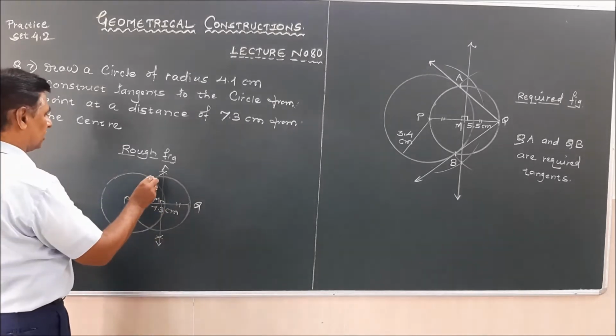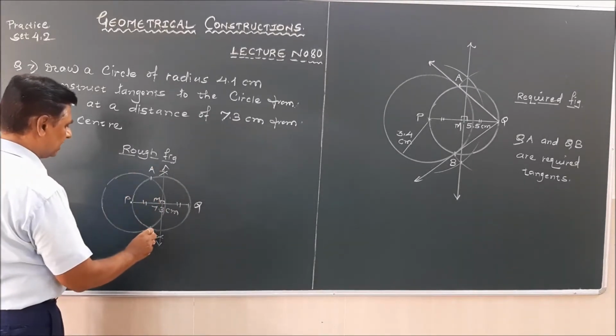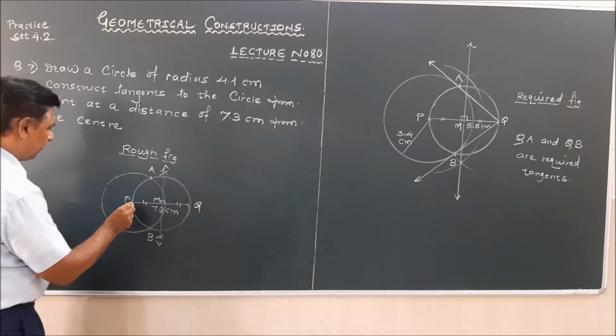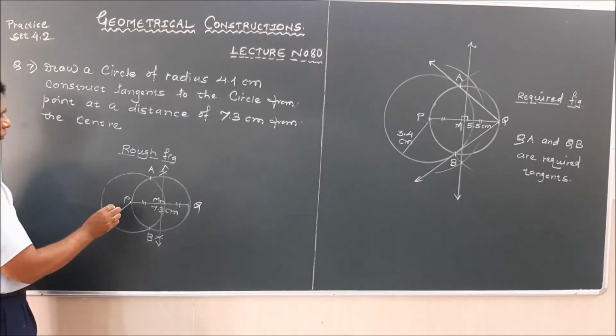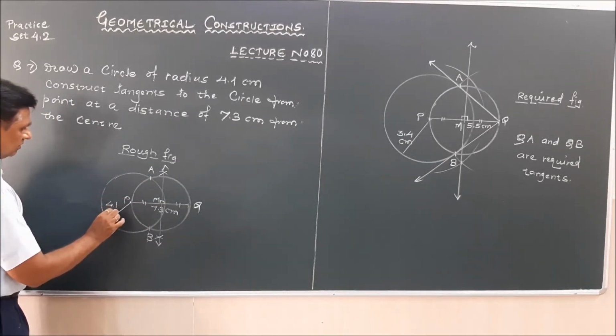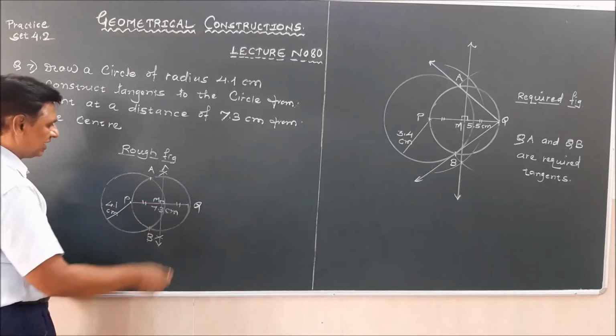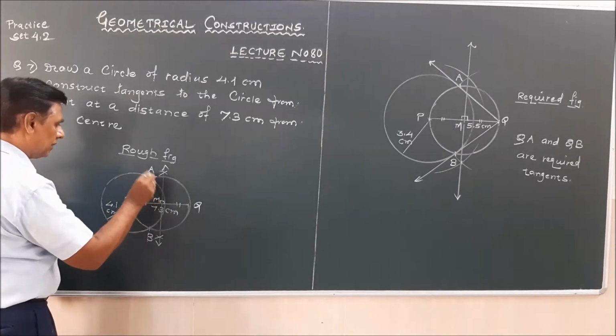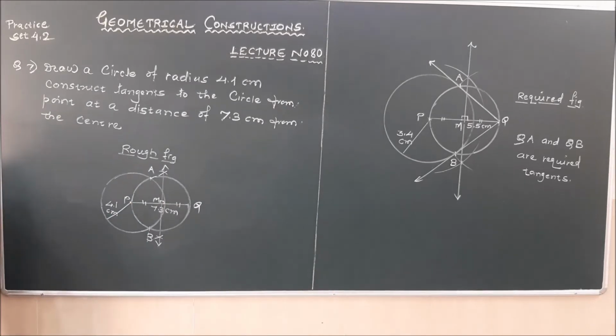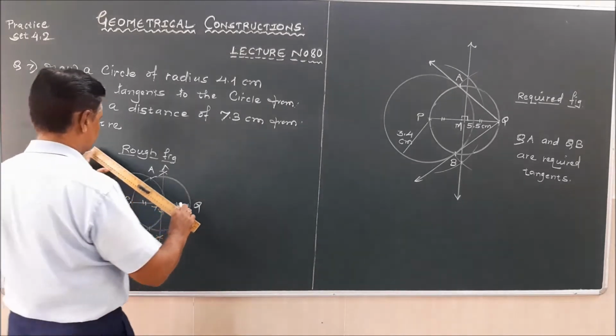Now this newly drawn circle will intersect the circle of radius 4.1 at 2 points A and B.